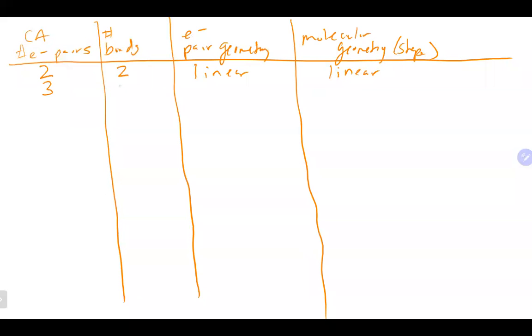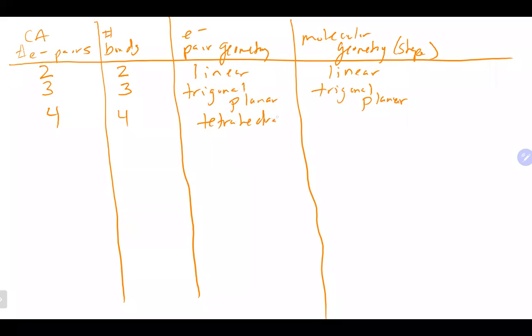3 electron pairs and 3 bonds, that's going to be trigonal planar on both of these. Four electron pairs and 4 bonds, that's going to be tetrahedral on both of these. And obviously this is a central atom, and looking at the central atom.